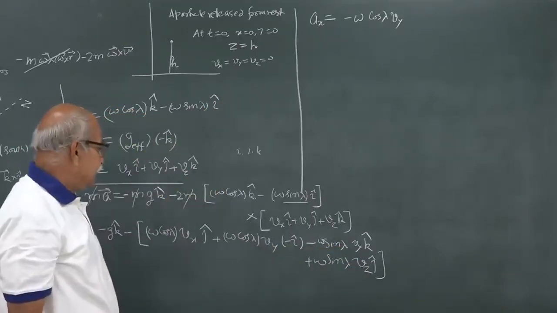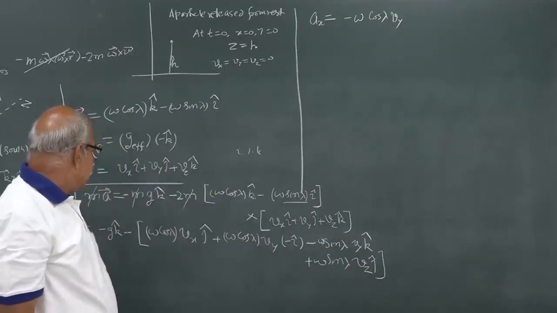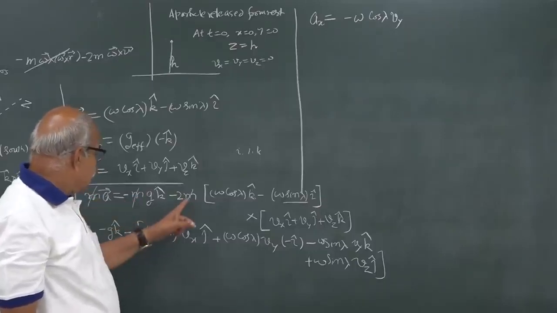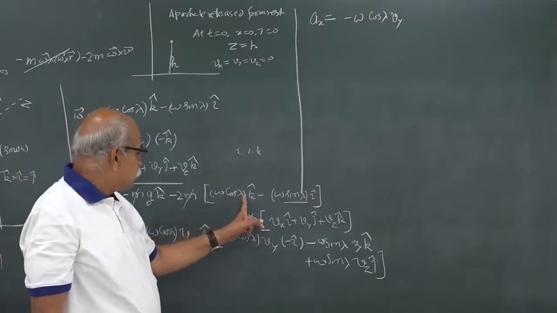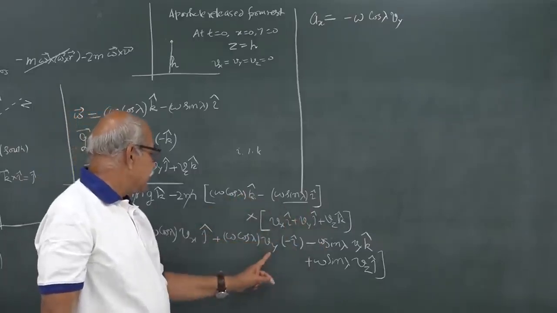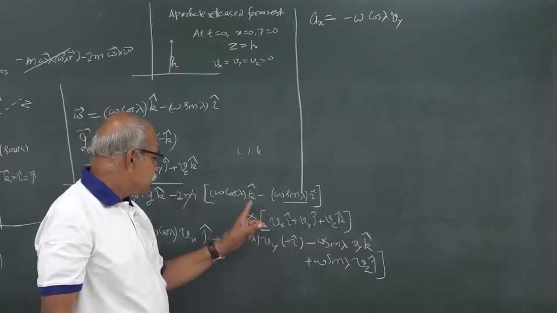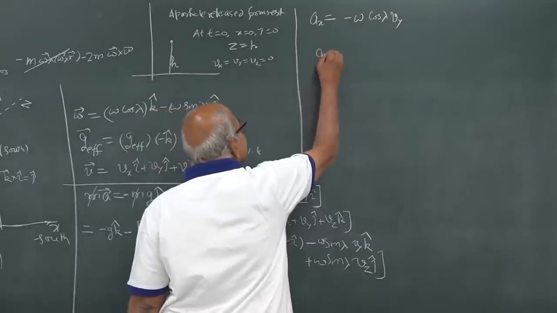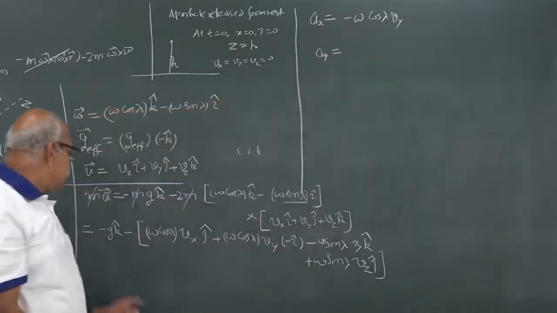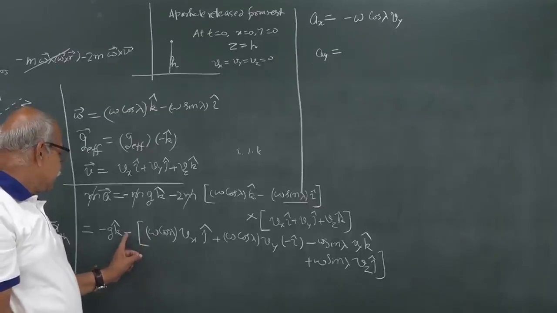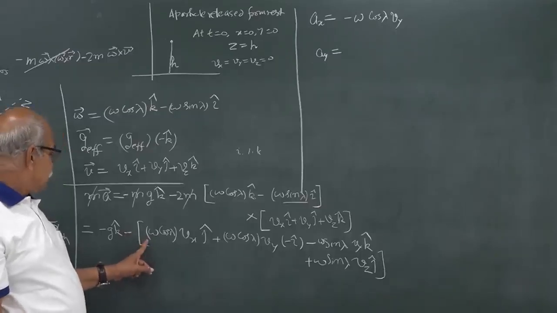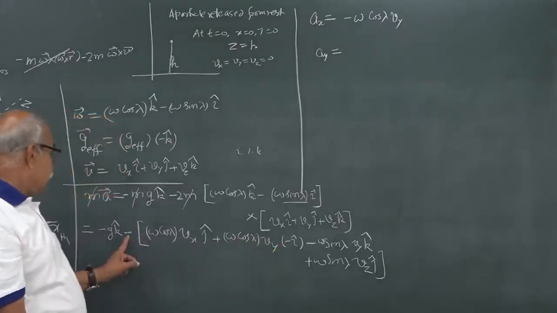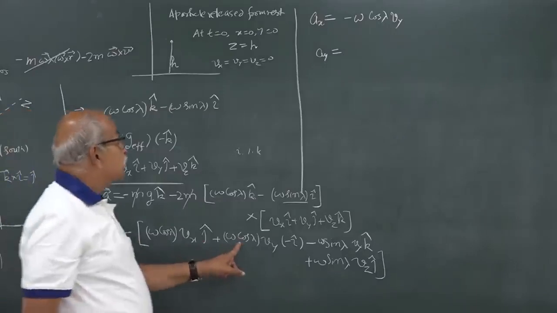So this is Ax. Then Ay: I have k cap cross j cap is i cap, and that is it. Then Ay is equal to, search for j cap, where is j cap? Here is j cap. So minus omega, but I also have a minus here. So it is plus.